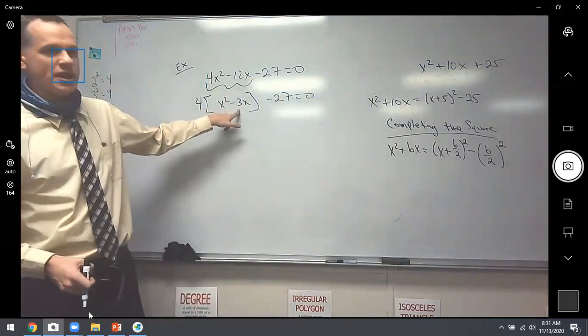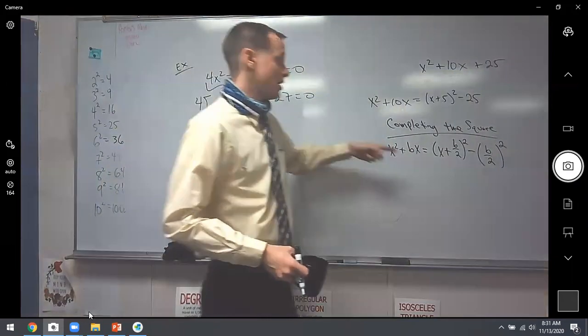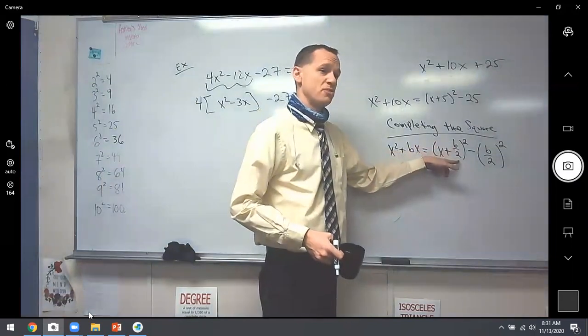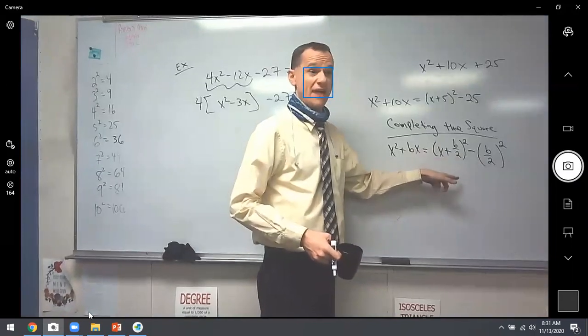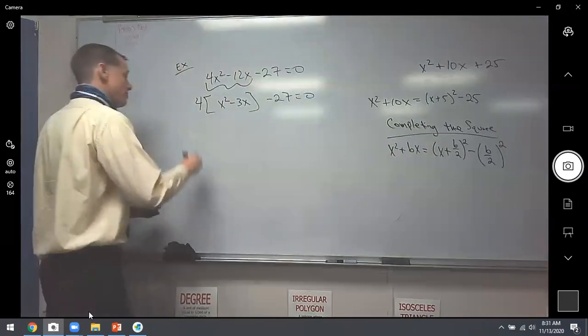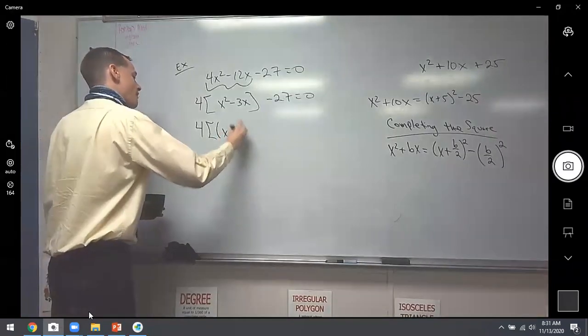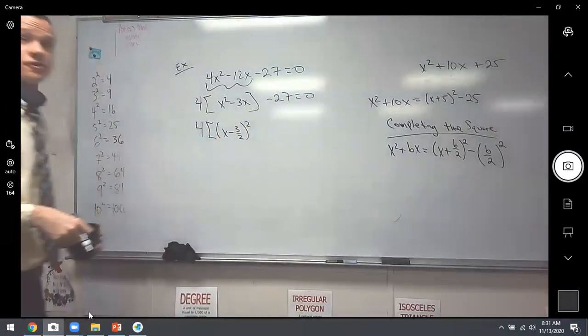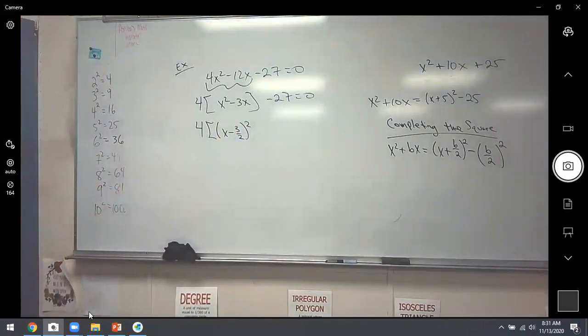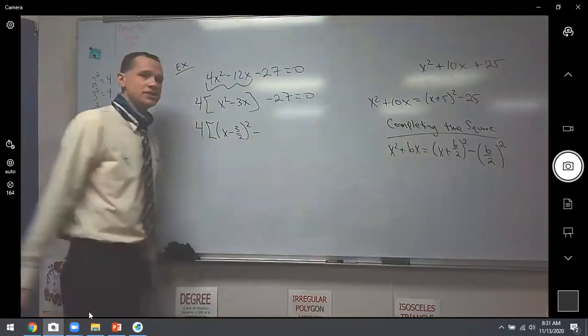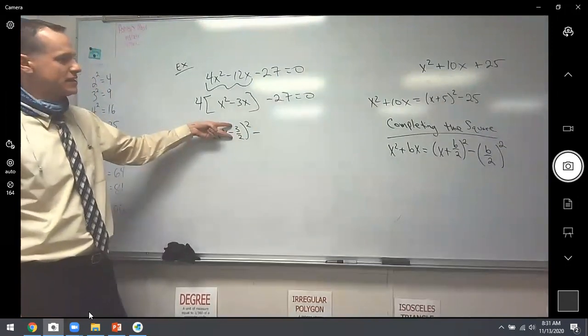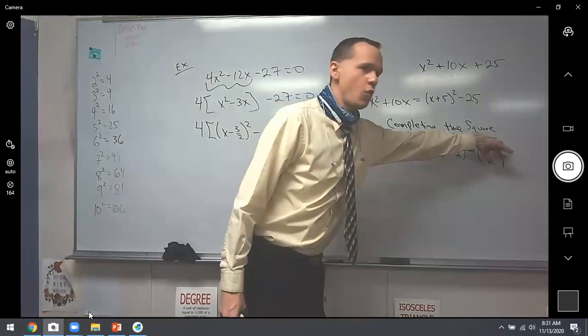B would be negative 3. That sucks, because negative 3 divided by 2 isn't pretty, is it? It's negative 3/2. But it is what it is. So inside of here, starting to do this, the B over 2 will be negative 3/2. So I got x minus 3/2 squared first, minus whatever that number is squared.